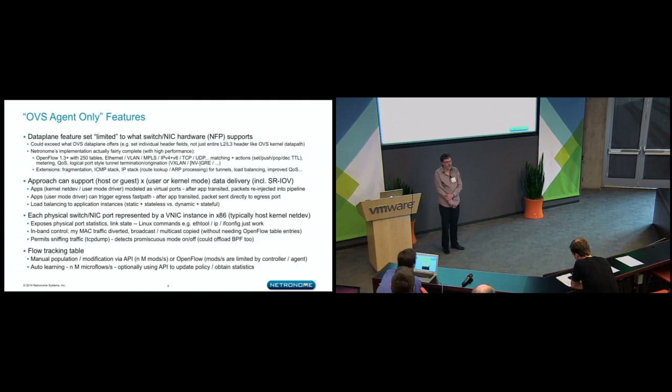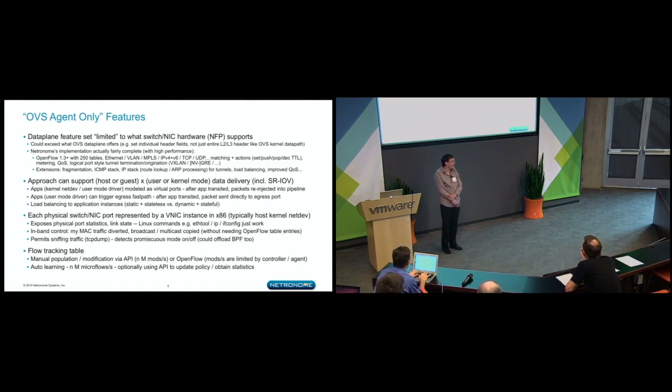Another reason to have those netdevs is for inbound control traffic. So let's say you want to talk to the OpenFlow controller via those ports. Or another one that came up yesterday was maybe people want to sniff traffic, run TCP dump. The benefit, if you do not actually use this for the data plane, is you can detect promiscuous mode being turned on and off.